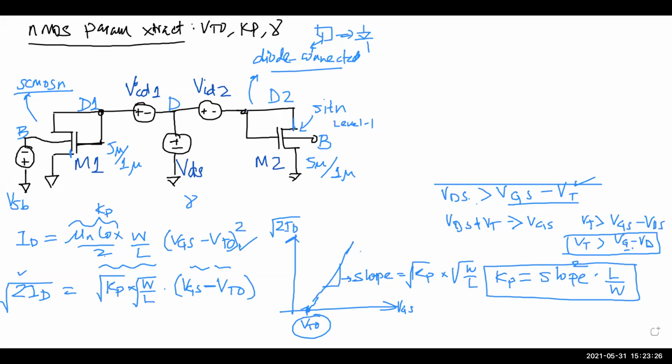Those who haven't, draw the circuit. So what is that, 5 mu over 1 mu? That's the W over L size. In the assignment, this is the W over L taken, so I'm just keeping it the same to make your life easier.